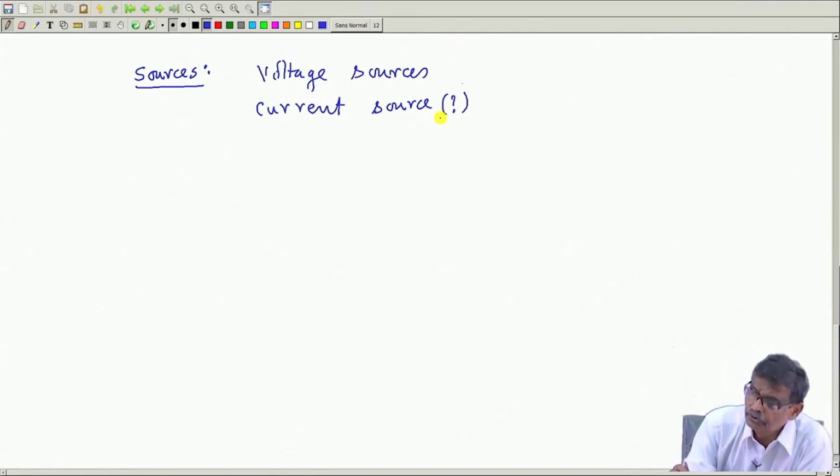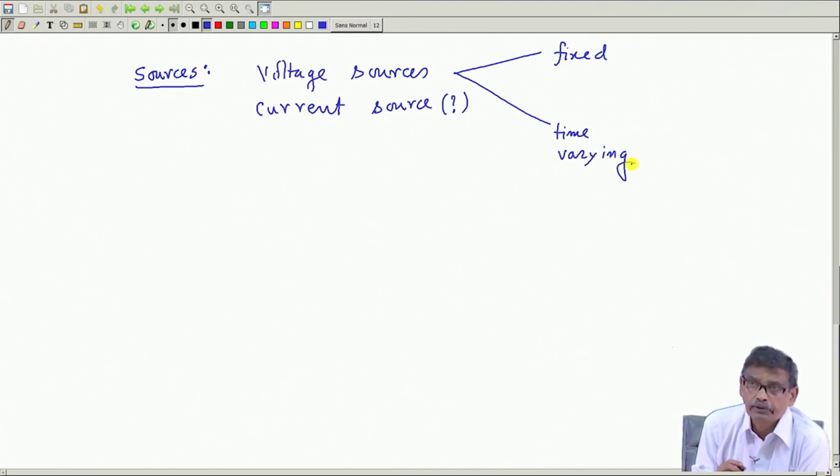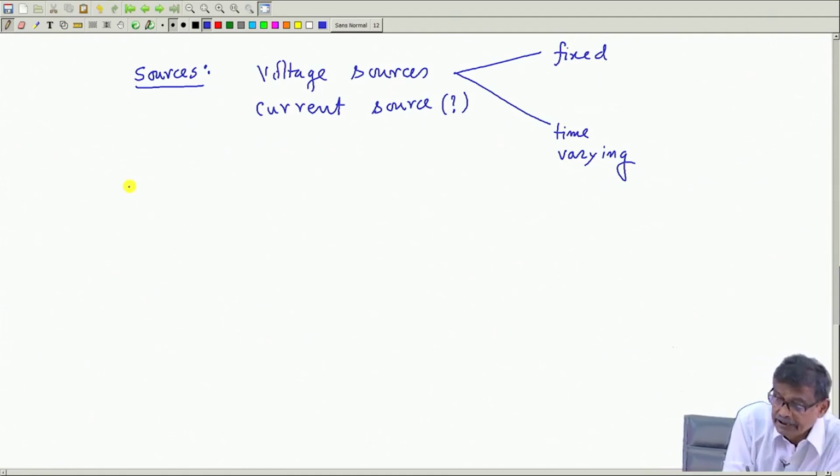A voltage source could be a fixed voltage source, or it could be time varying. As I told you, both kinds of sources could be ideal and non-ideal. Ideal fixed, and a practical voltage source.